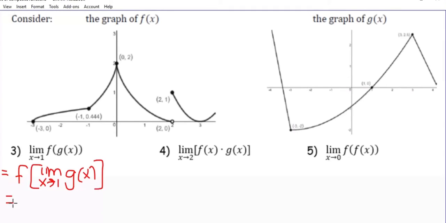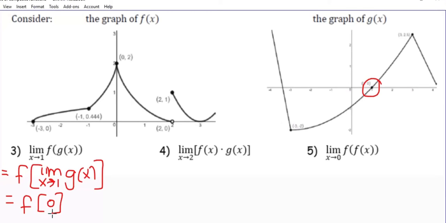Let's find that limit on the inside. The limit as x approaches 1 of g of x, that's over here. The limit as x approaches 1 of g of x is 0. So I can put a 0 there. Then I find f of 0.